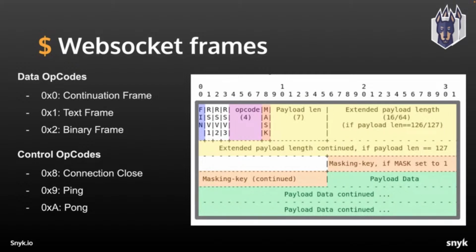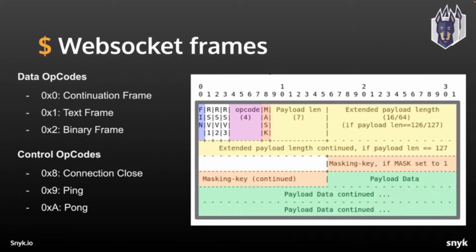And then there's a couple of control opcodes. So these are more responsible for managing the life cycle of the WebSocket session. So we have the connection close opcode, where if one peer receives this, then they should, by the RFC specification, close down the connection and finish speaking WebSocket.